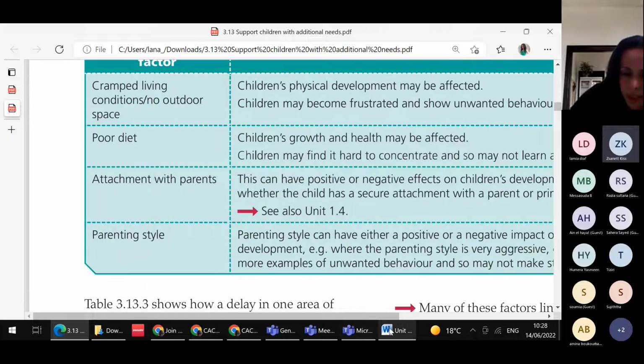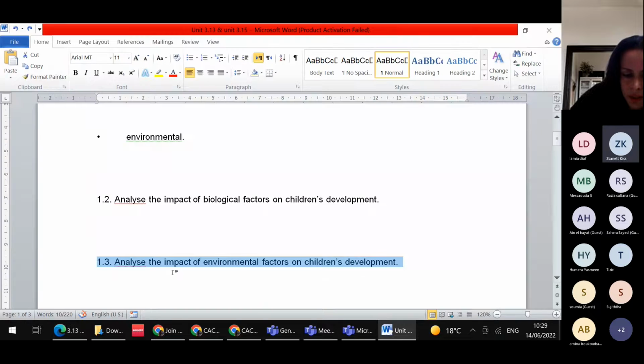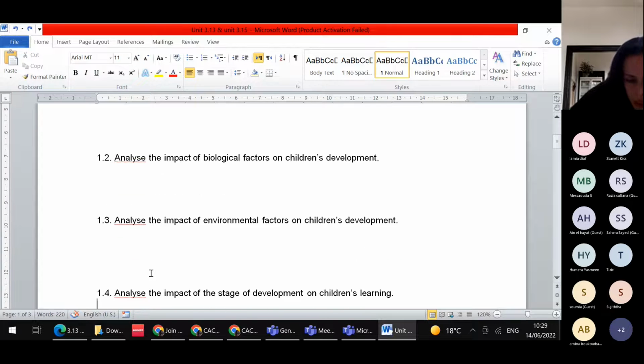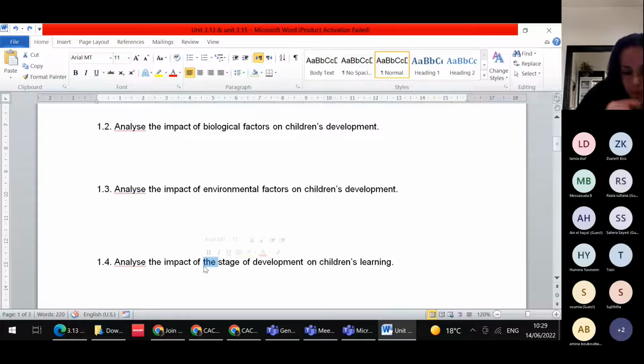So all this is here where it says analyze the impact of the environmental factors. So now we have analyzed the impact of the stage of development on children's learning. So what's the impact of stage of development? So let us go.